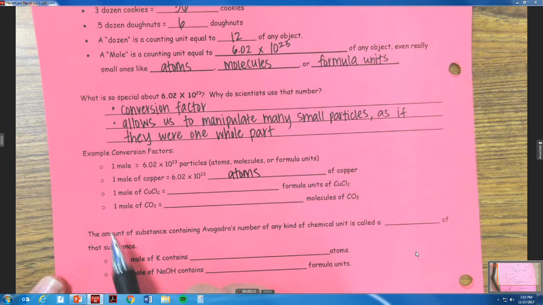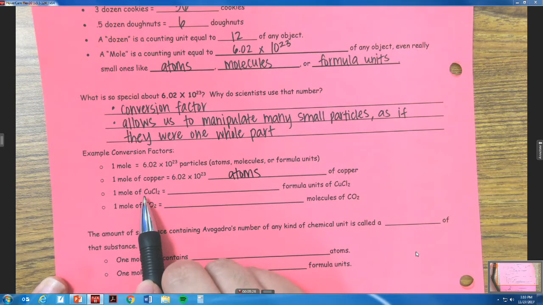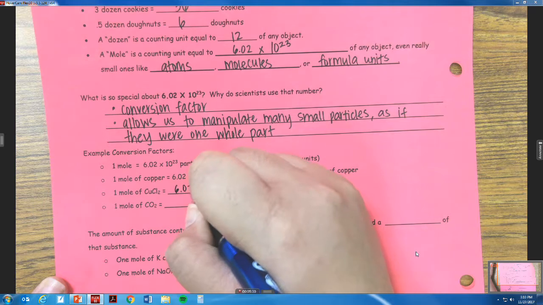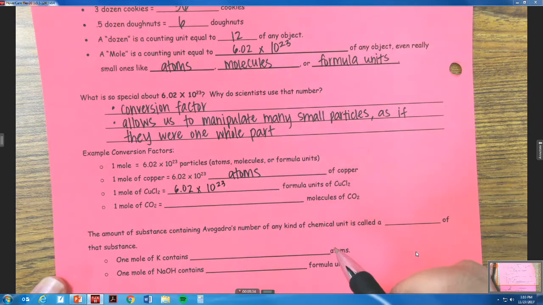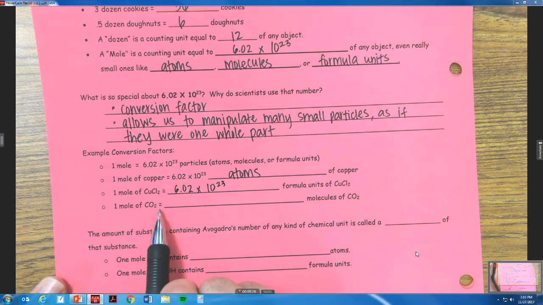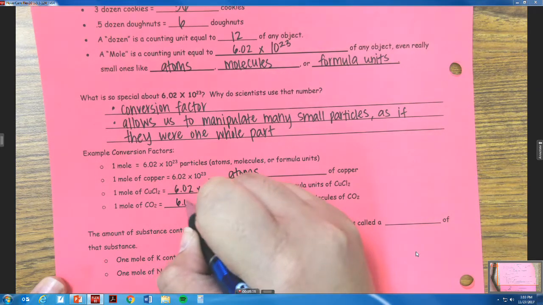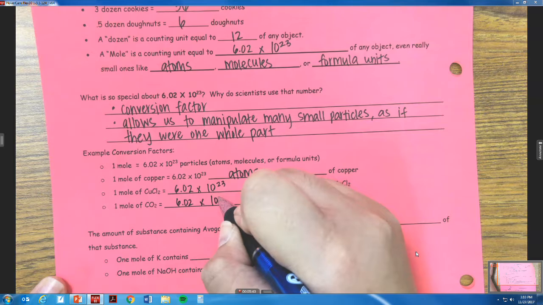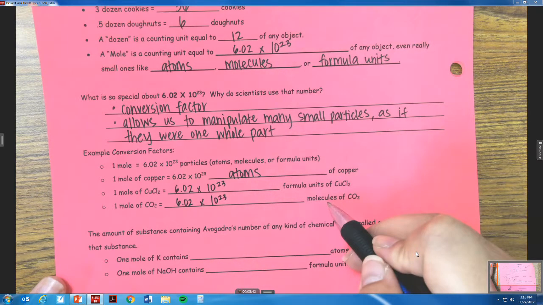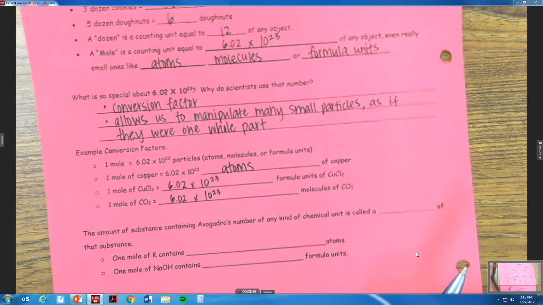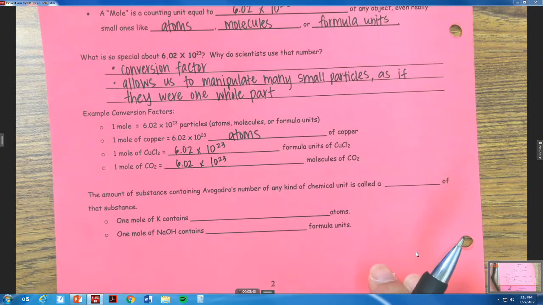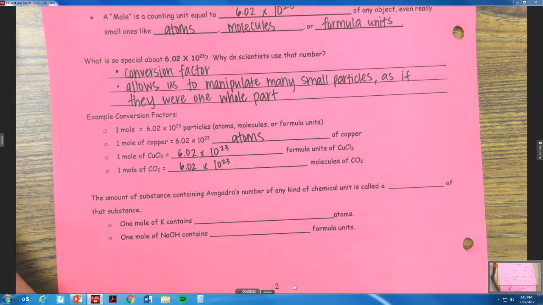If we have 1 mole of CuCl2, then we're going to have 6.02 times 10 to the 23rd formula units. 1 mole of CO2 is also going to be 6.02 times 10 to the 23rd molecules of CO2.